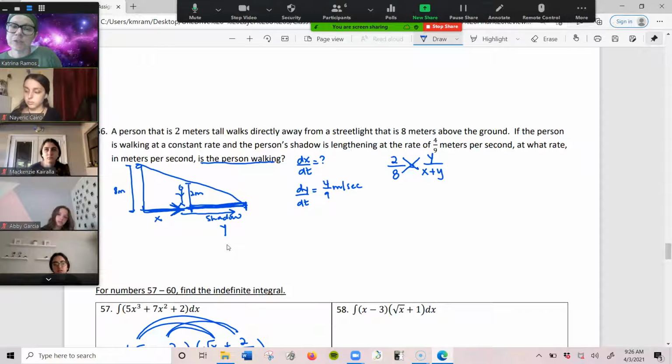With ratios, when you cross multiply, it doesn't matter if you choose to go this way first or this way, like 8 times y or 2 times x plus y. Okay, I'm going to do this one here first. So 2 times x plus y is 2x plus 2y is equal to 8y. Is that all right?